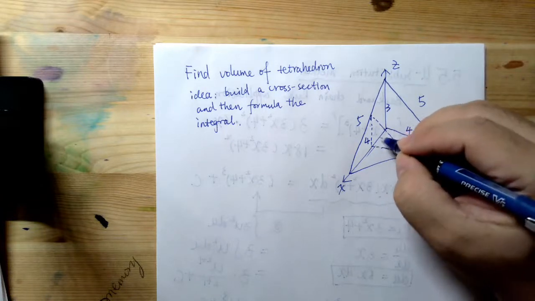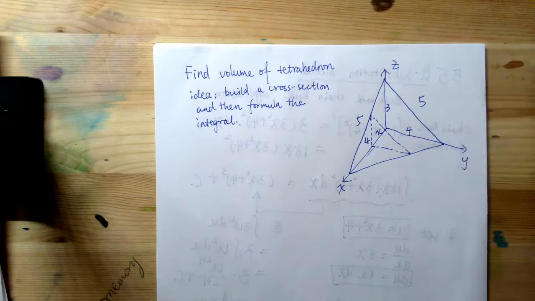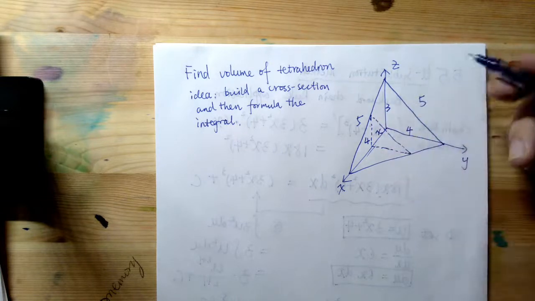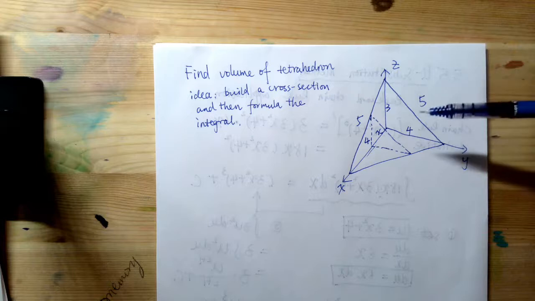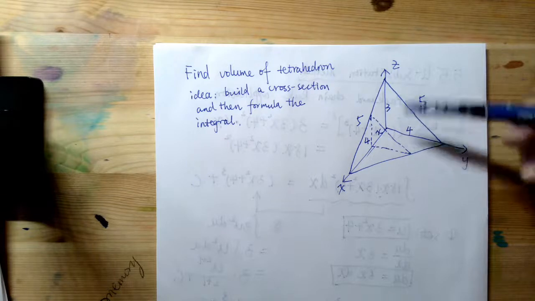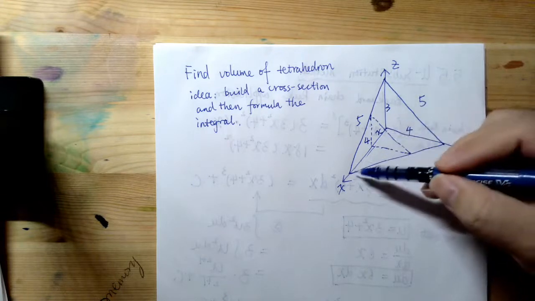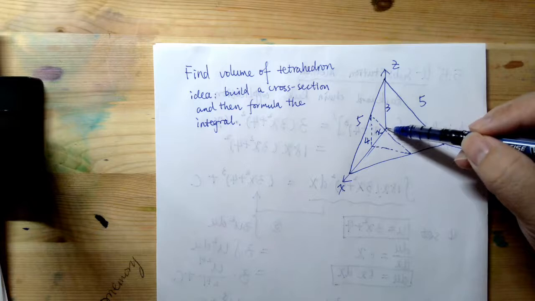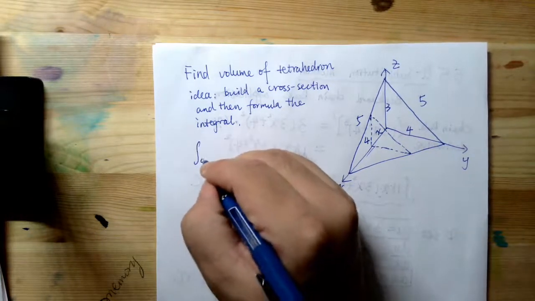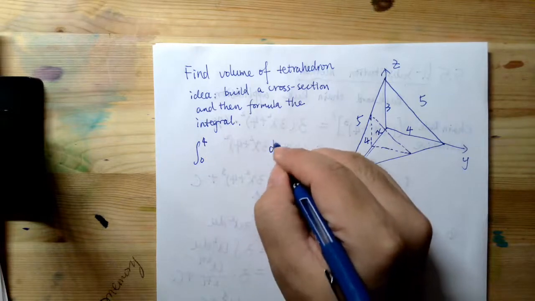Now, if we denote the length for this part as x, and why do we do that? Because by constructing a cross section perpendicular to x, I know that my integral is going to be along x, and I already calculated the length is 4, so the integral I'll have is going to be something like from 0 to 4 of something dx.